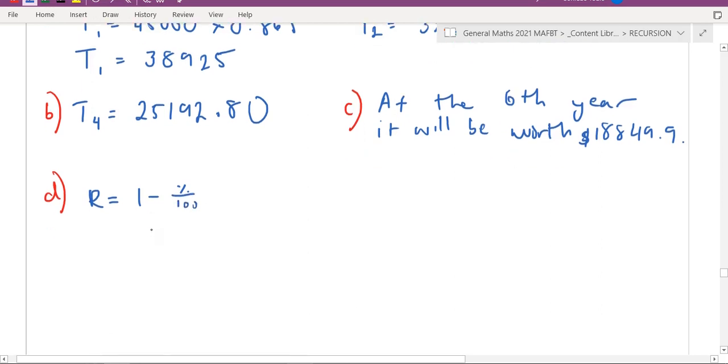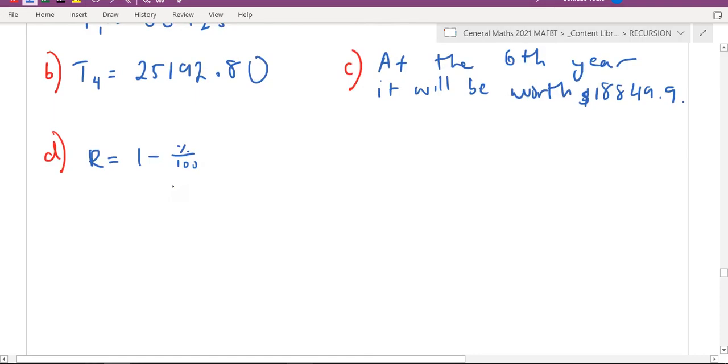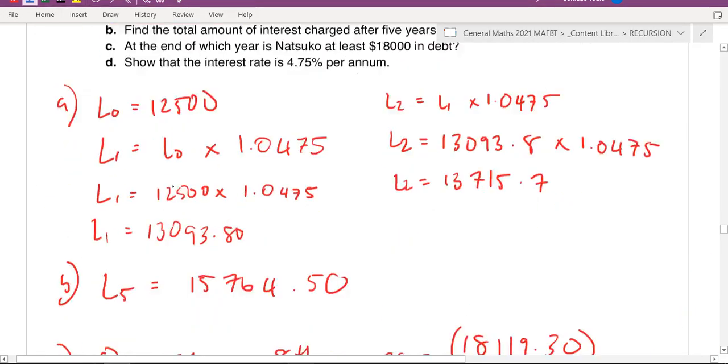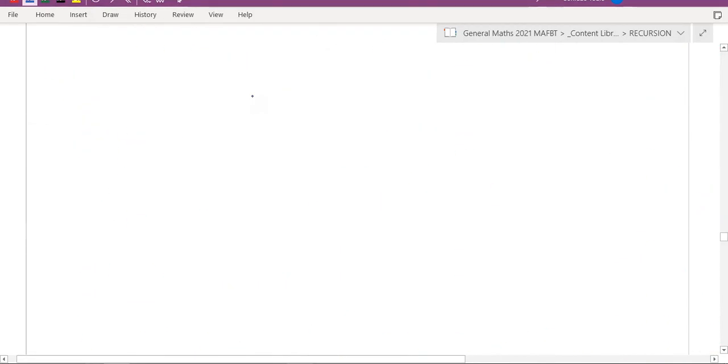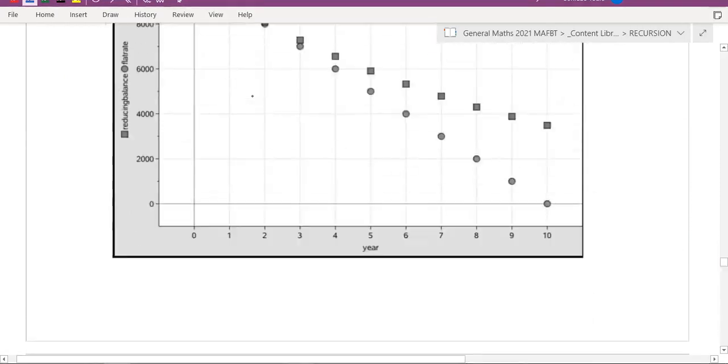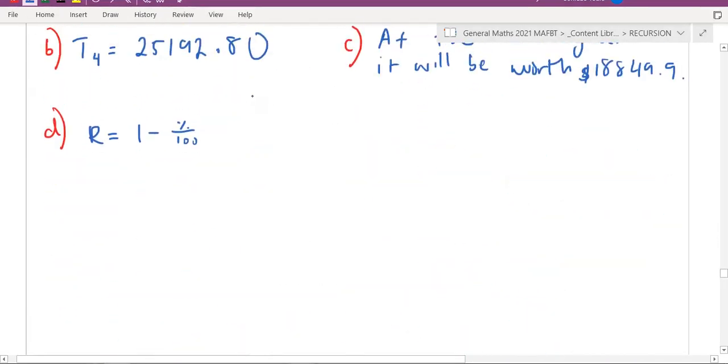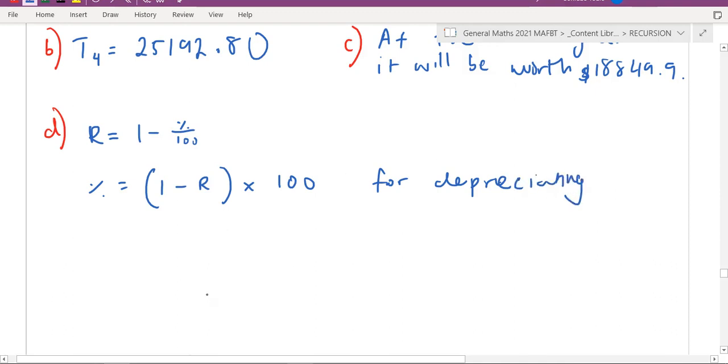But to prove the percentage, instead of what I wrote previously, it's going to be the other way around: 1 take away the rate, times 100. So it's just flipped around. Is this for depreciating? Yes, only for depreciating. That's the only difference.